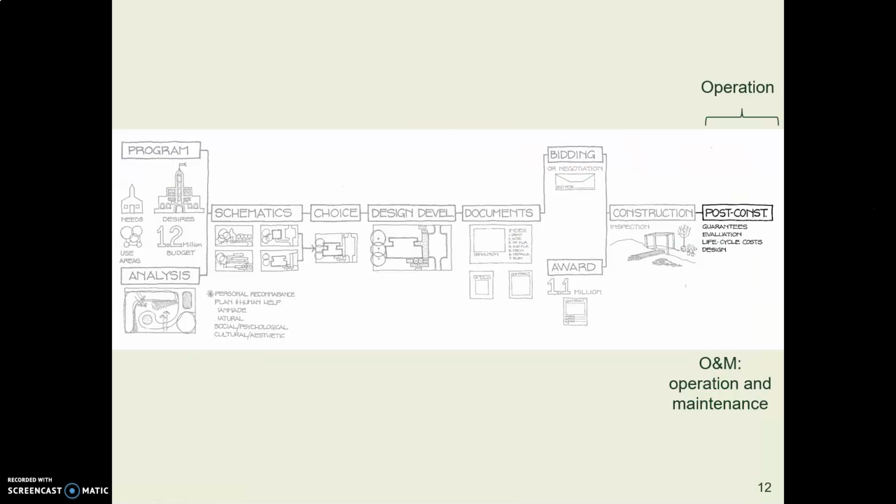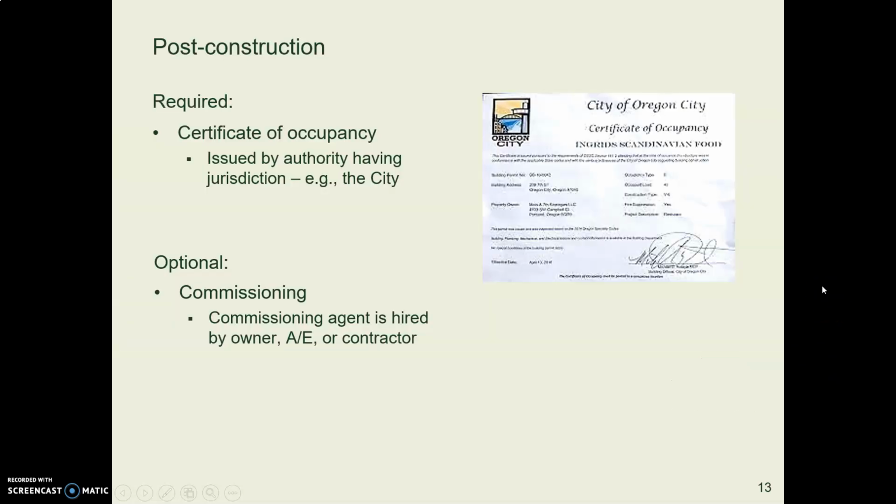And then at the end of construction, we come to occupancy and operation and maintenance. O&M is an acronym which stands for operation and maintenance. Before the owner can take ownership again and move in, the building has to be certified for occupancy.